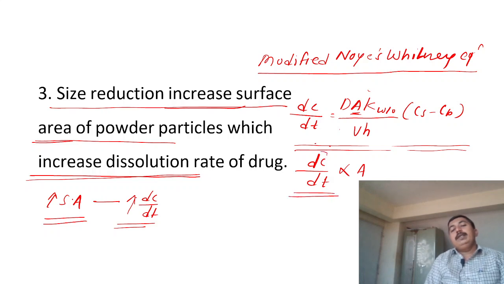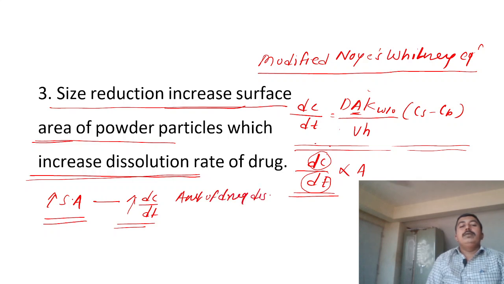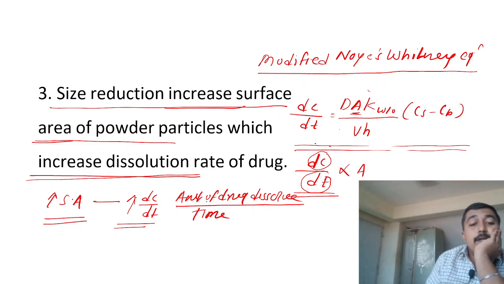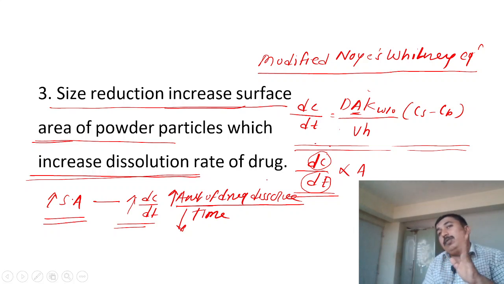So dC/dt means rate of dissolution, in simple words, the amount of drug dissolved, that is the concentration of drug dissolved, divided by time. If more amount of drug is dissolved, then the numerator will be more, and in less time, then the dissolution rate will be more.